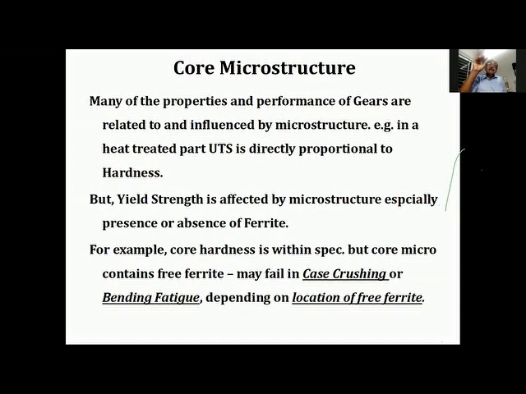This depends on the location of the ferrite. If at the PCD level, pitch level, you have ferrite, the failure will be by case crushing. And if the ferrite is at the root fillet or at the root base, then the bending fatigue strength will be adversely affected and the component will fail by bending fatigue.